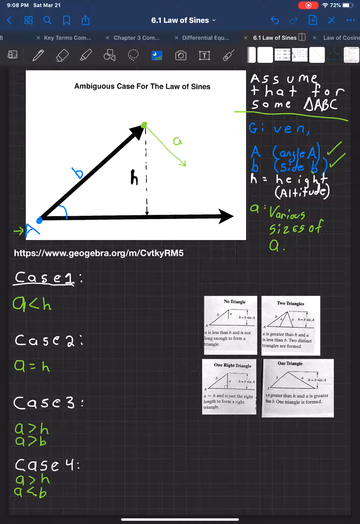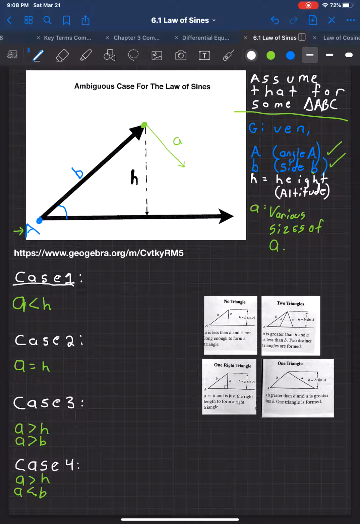Now somebody comes along and says, angle A is equal to this many degrees, side B is equal to this length, and side A is equal to this length. Now, for just a second, imagine if side A is less than the height. Are you ever going to be able to form a triangle? If you can imagine this guy just swiveling around, is it ever going to be able to touch down here to form a triangle? No, it's not, right?